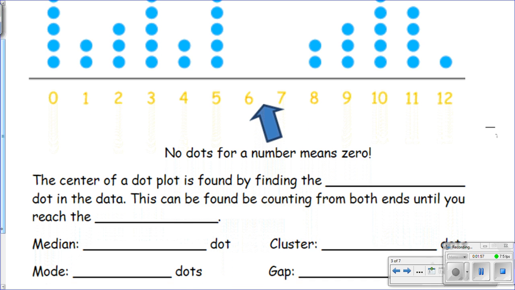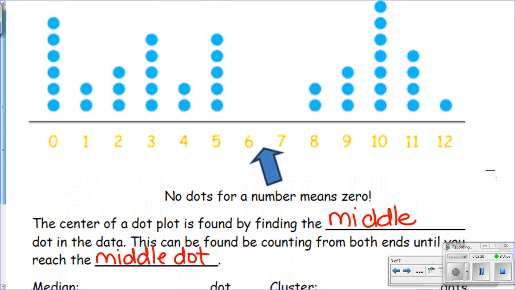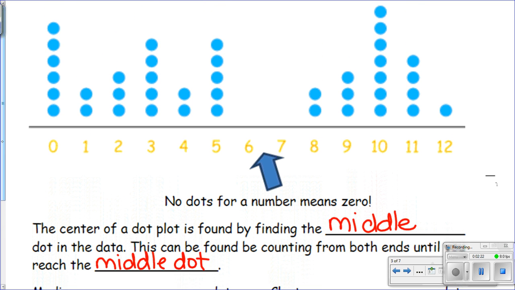The center of the dot plot is found by finding the middle dot in the data. This can be found by counting from both ends until you reach the middle dot. We're going to do that up above. How you do that is you start crossing off left, right, left, right.